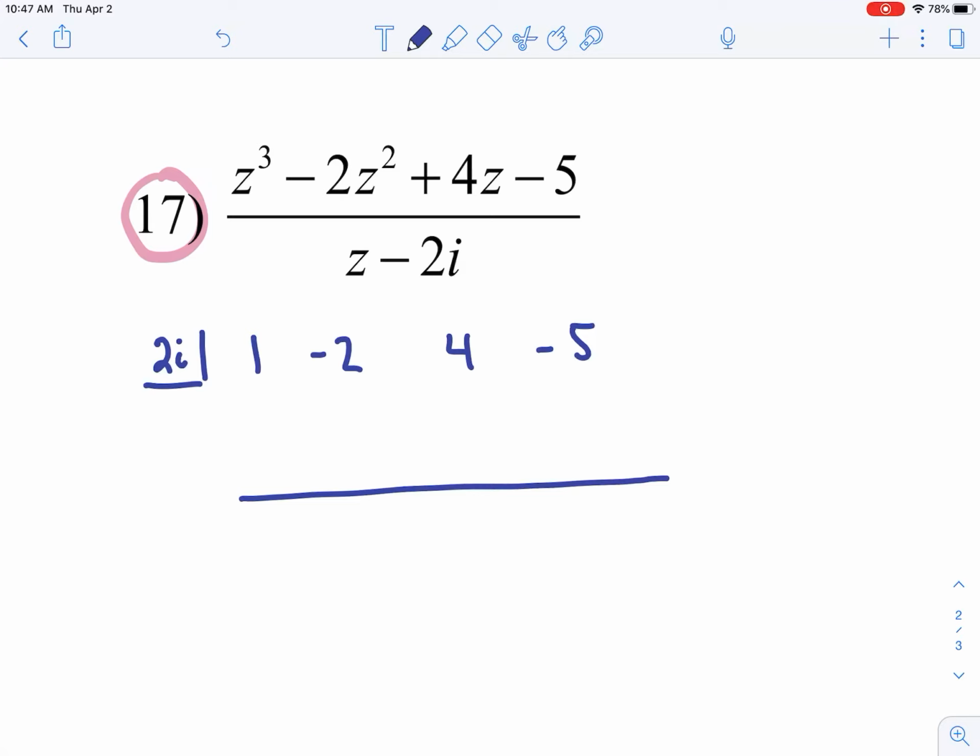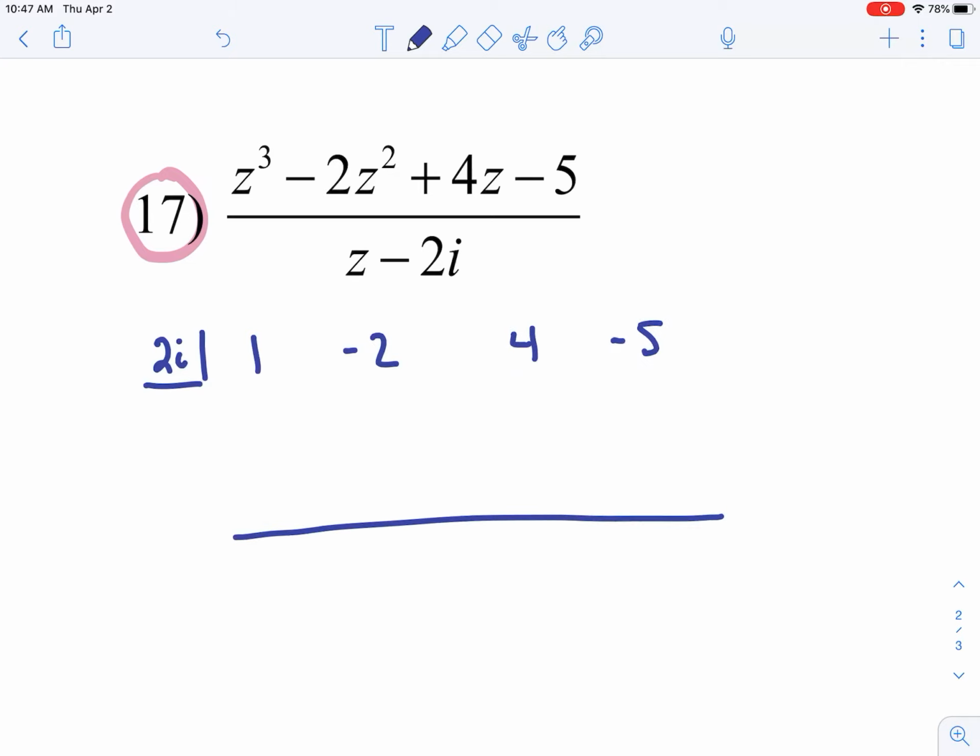I'm going to do the same thing I did before. Oh, you know what? I'm going to give myself just a little more space because I know what's coming. Okay, I'm going to write out the 1 and go to work. I've got everything set up, and it's again multiply and add, multiply and add.